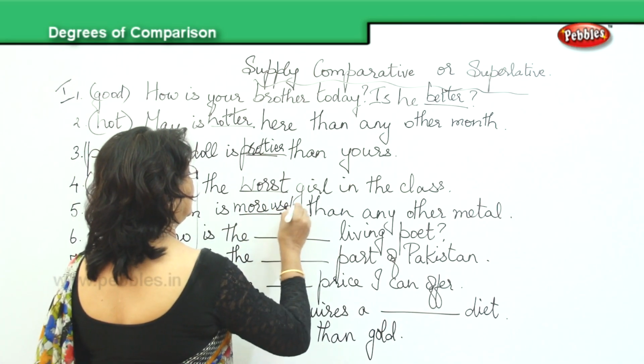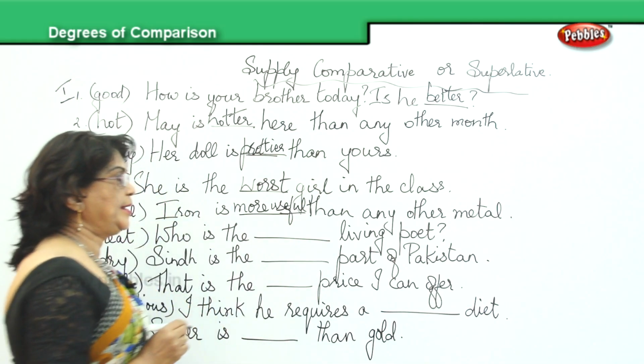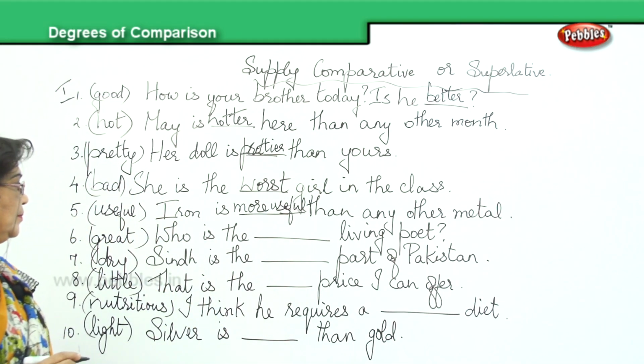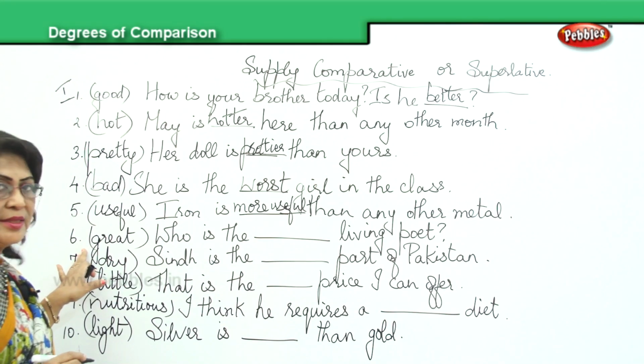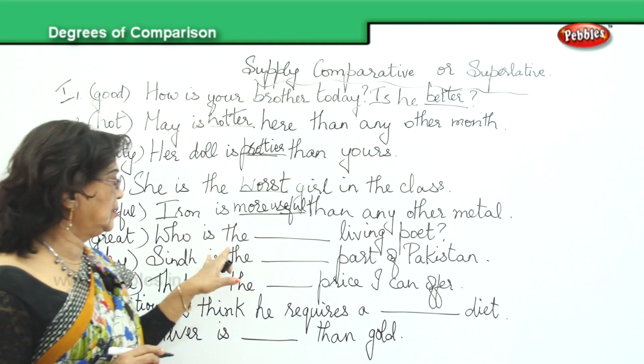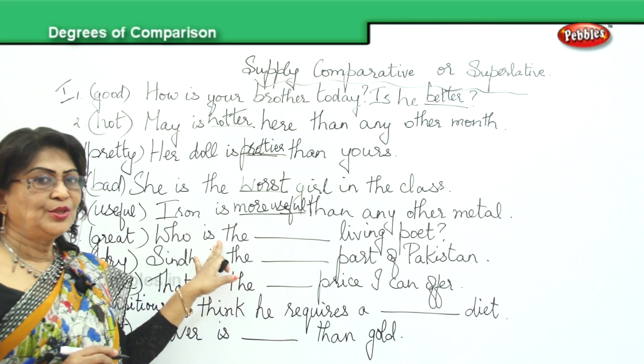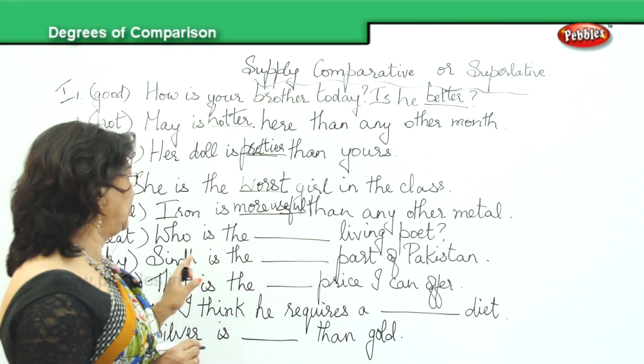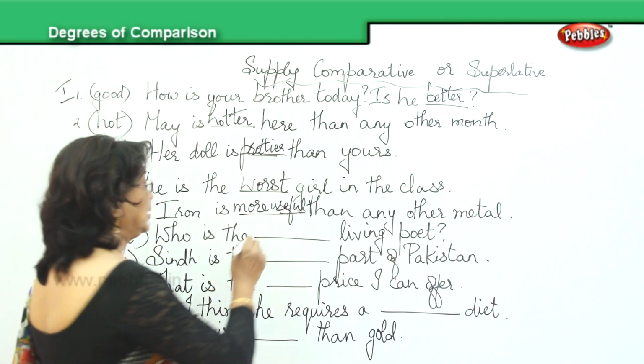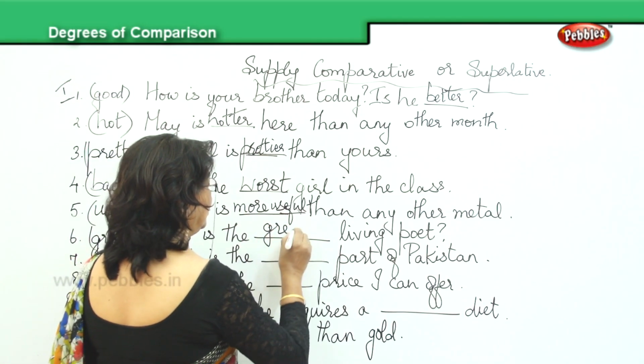More useful than any other metal. Next, great. Who is the dash living poet? The. So you can use the superlative degree. Who is the greatest living poet?